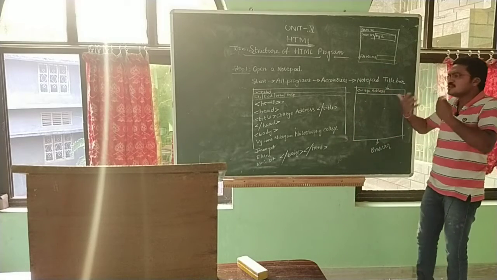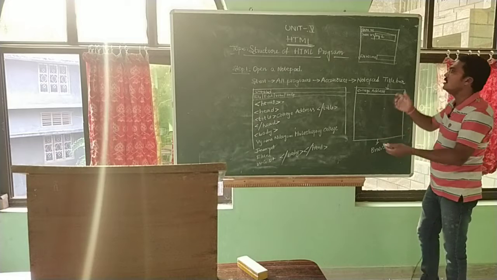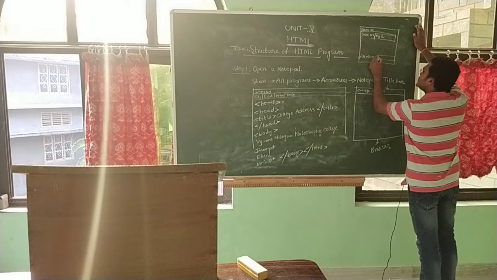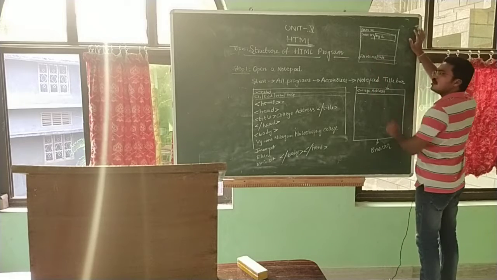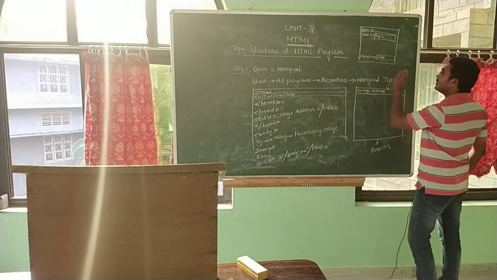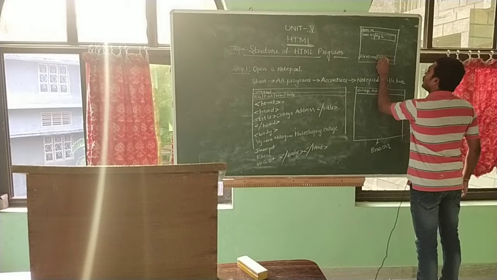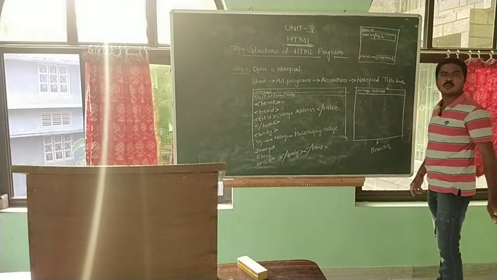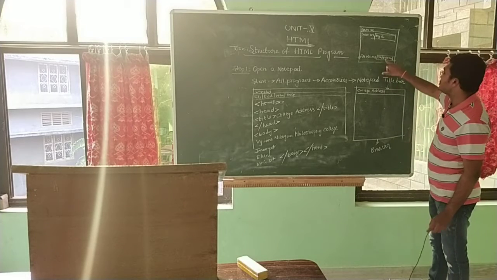Without a name, in future we can't recognize it. So the file name, I want to save this file as CAD, short form of college address. But just wait guys, CAD is the primary name, and the .html extension is required.